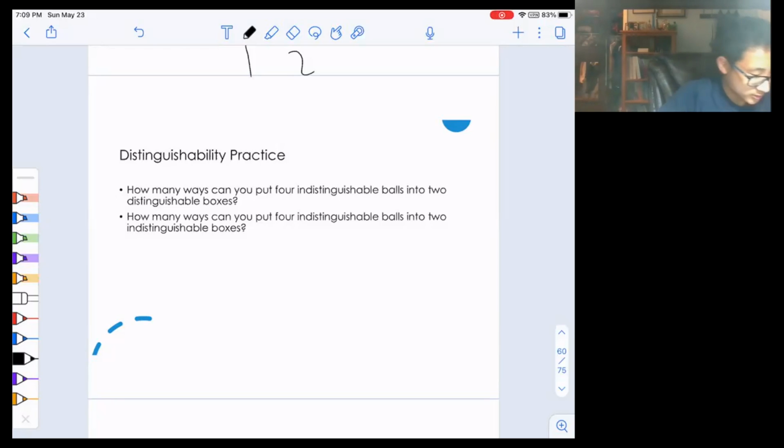No. Since the boxes are distinguishable, we need to know how many ways we can put these indistinguishable balls into two distinguishable boxes. So in this case, we can just list the cases.